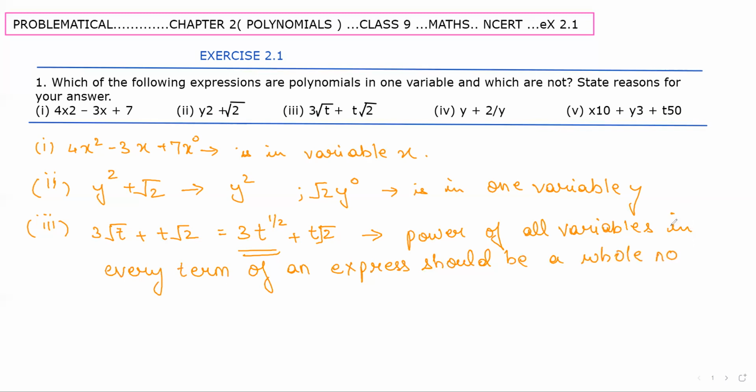Whole number means 0 or greater than 0 for the expression to be a polynomial.